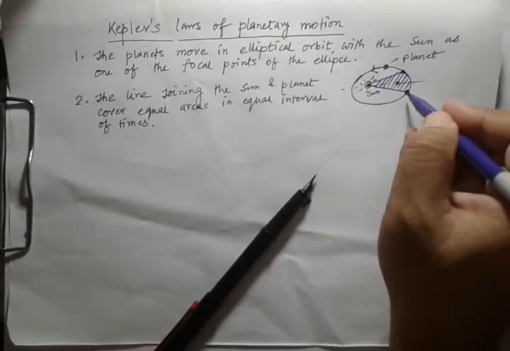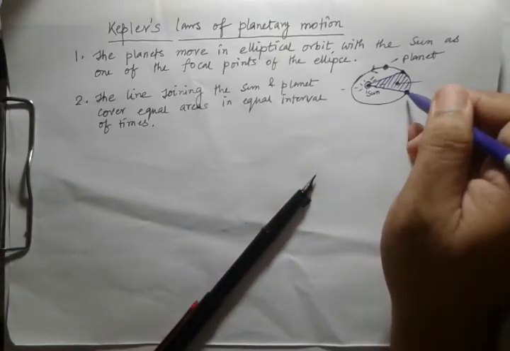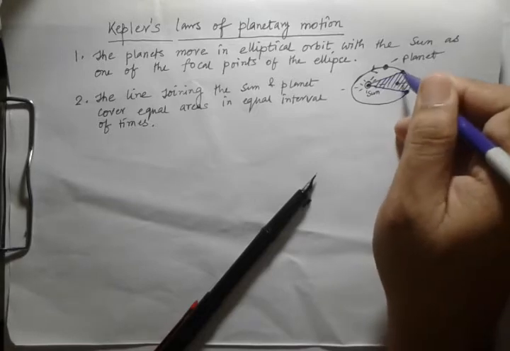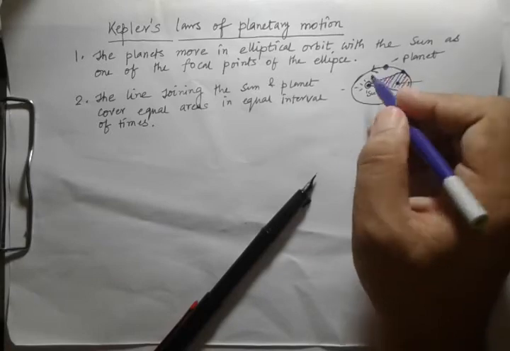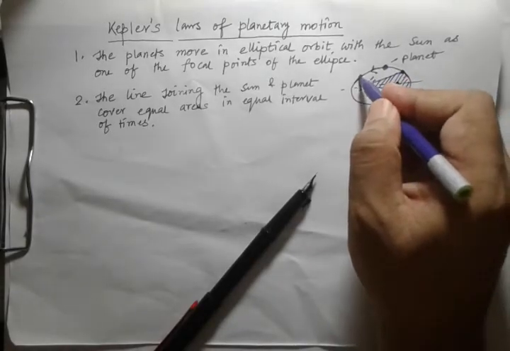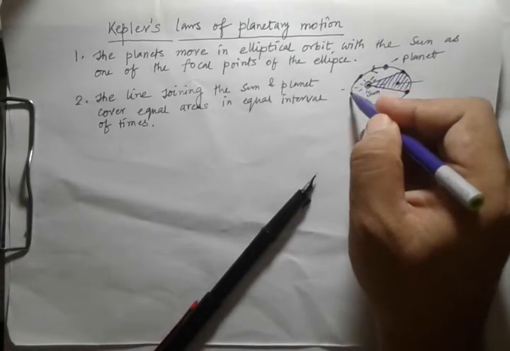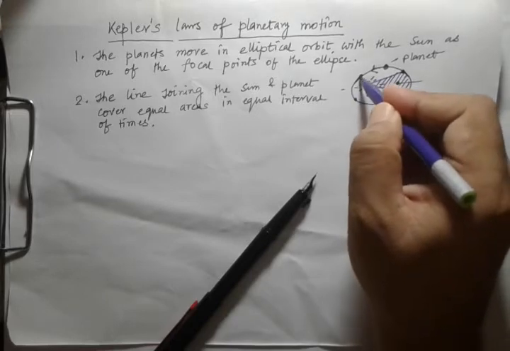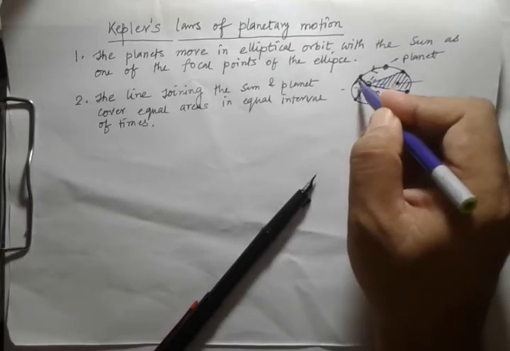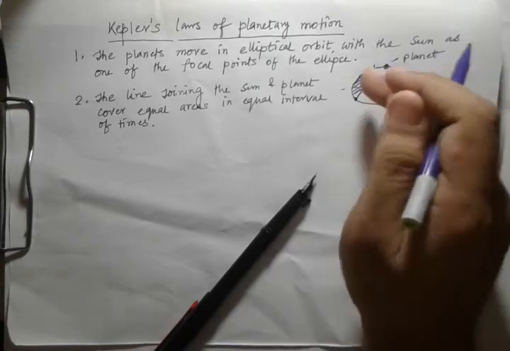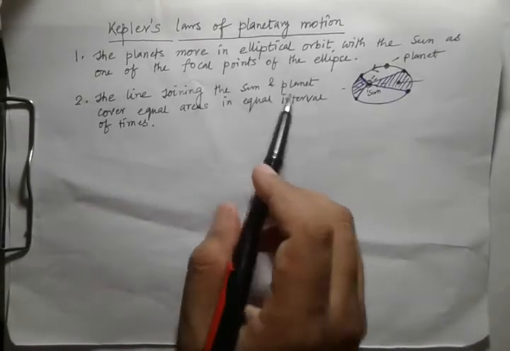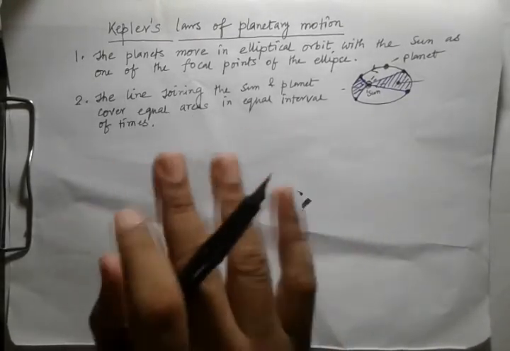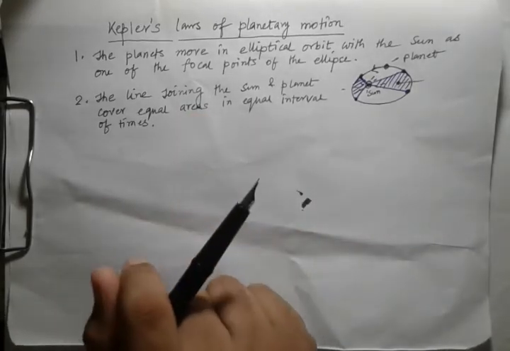That means when the planet was here, after exactly 30 days it will go to here, so it will cover this area. Now again, when the planet comes to here, after 30 days it will come to here. Again, if I join this line, both areas will be the same. So that is called the line joining the Sun and the planet covers equal areas in equal intervals of time. That is the meaning of this law.